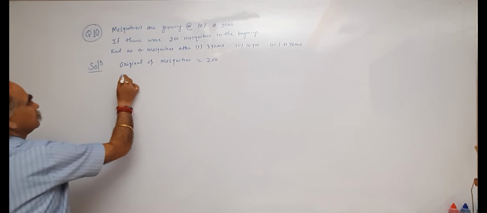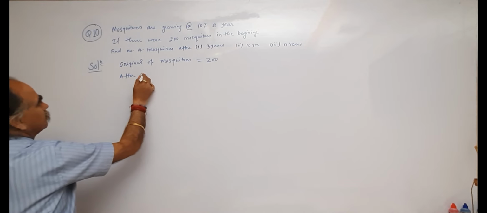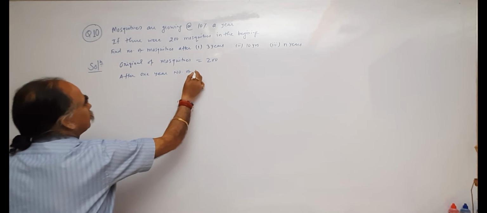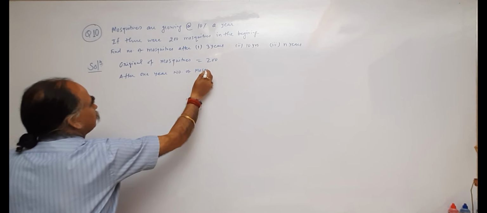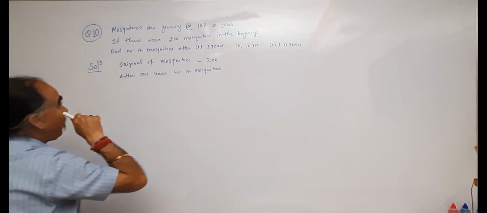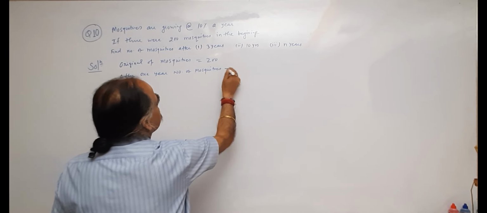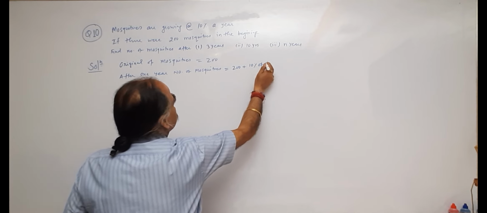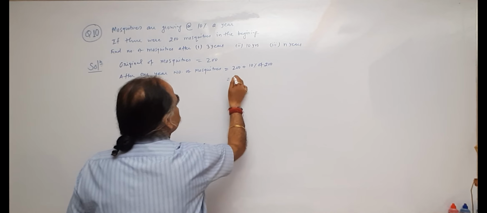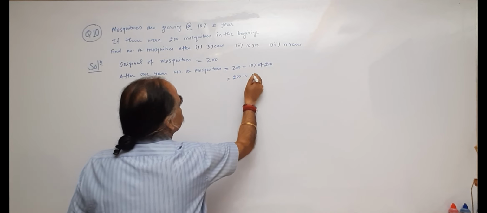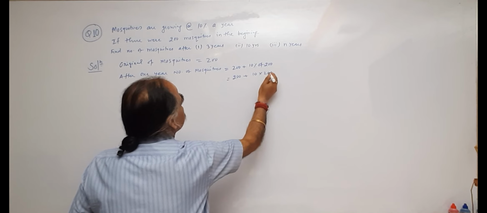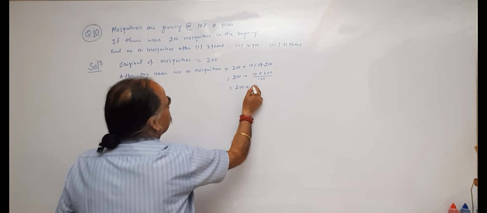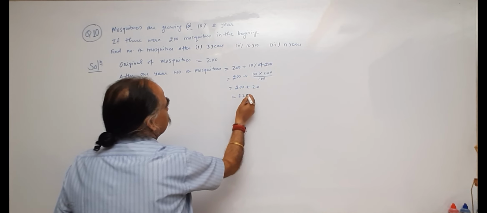After 1 year, number of mosquitoes will be what? 200 plus 10% of 200. 200 plus 10 into 200 upon 100, 200 plus 20, 220.